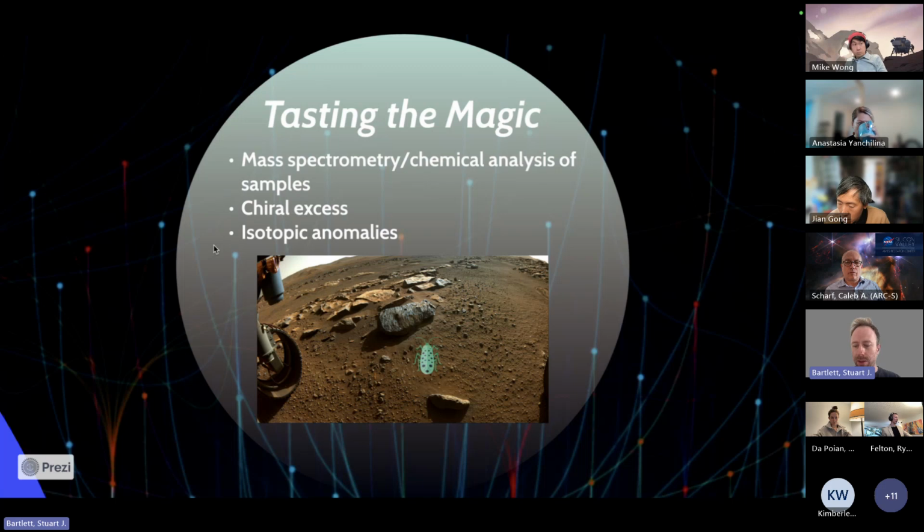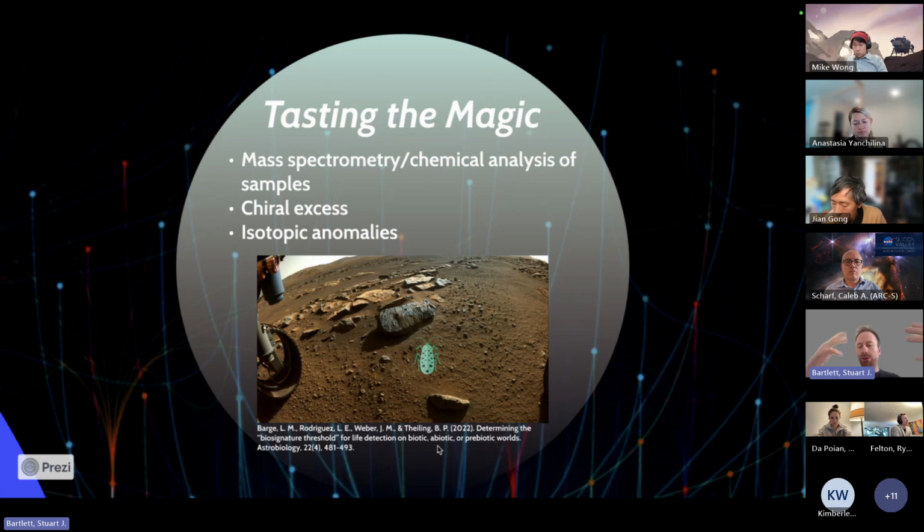And before I leave this slide, just to reiterate this problem of being fooled, there was this really nice paper written by our friend and colleague Laurie Barge not so long ago, where she discusses all of these different false positives, ways that we could be tricked.